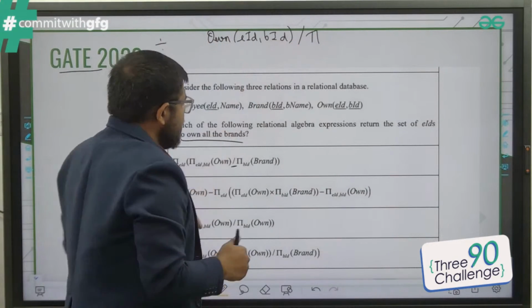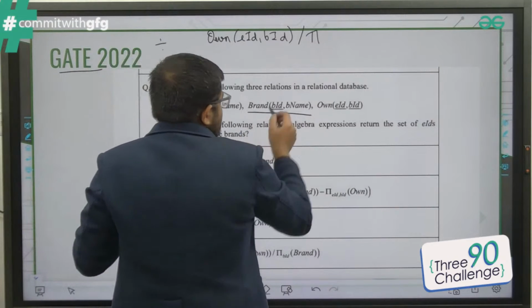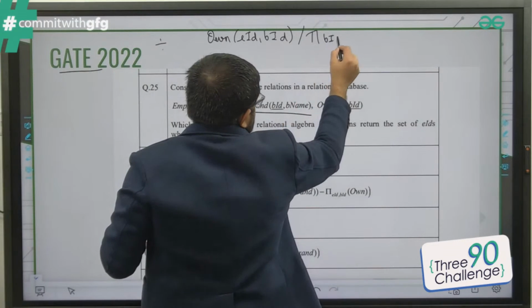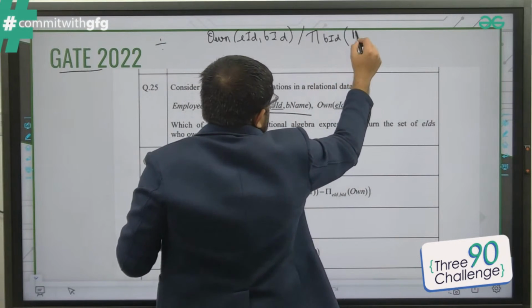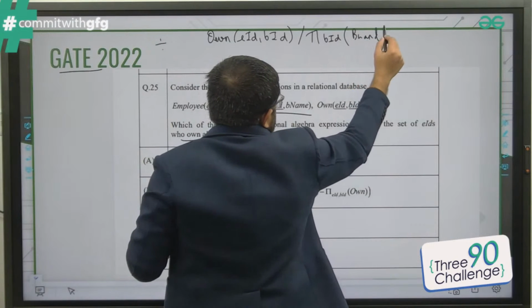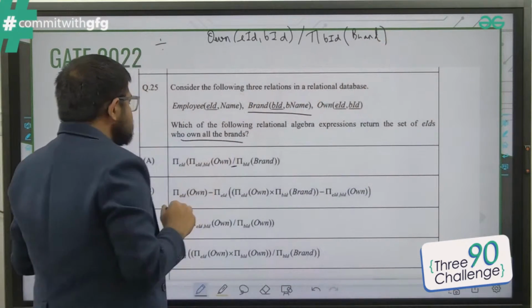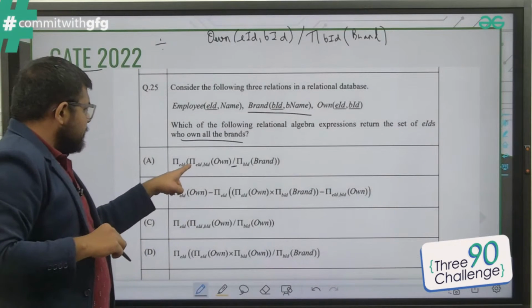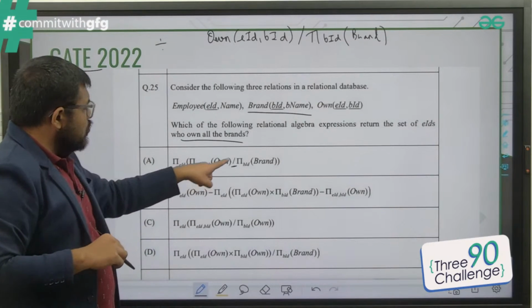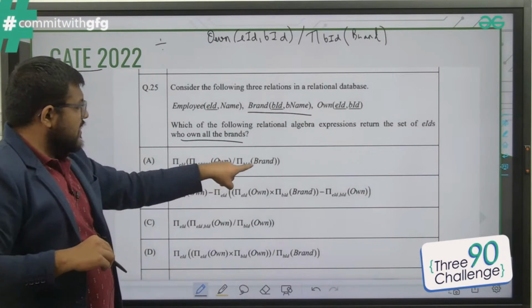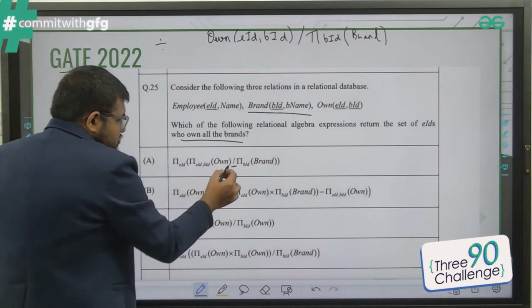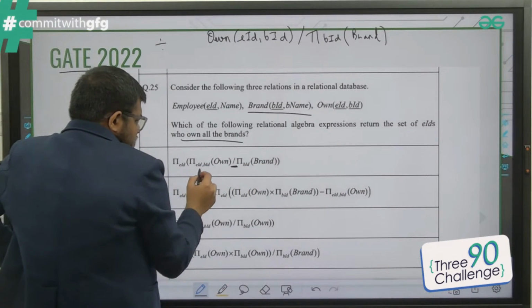How can I get the brand ID? Where is the brand ID? It is here, so I can say projection of brand ID from this table, right? So this will give me the answer. You can see here: pi employee ID, brand ID, own, division, pi brand ID, brand. As soon as there is a division operator, what will this return?